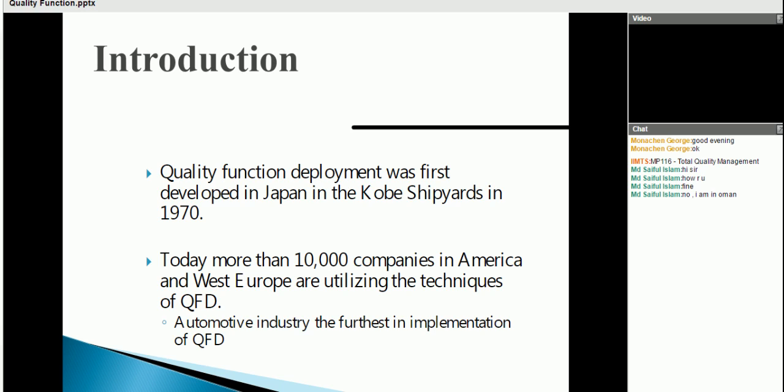Quality function deployment, also known as QFD, is a method to transform qualitative user demands into quantitative parameters, to deploy the functions forming quality.